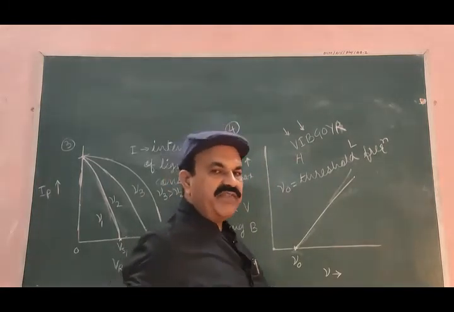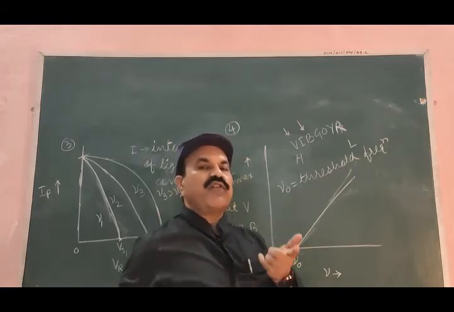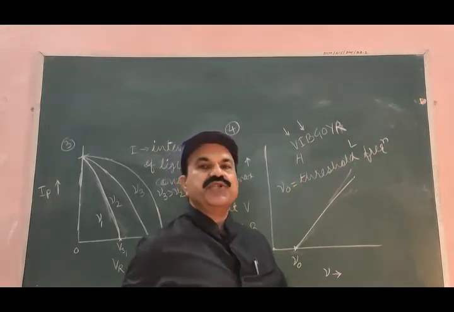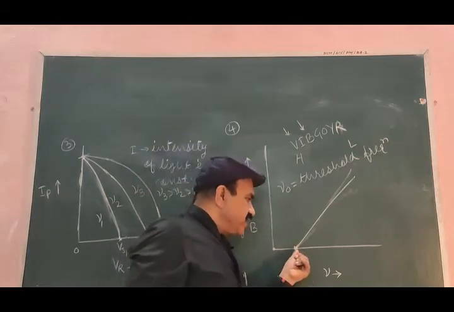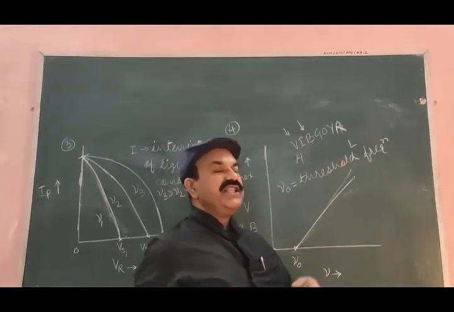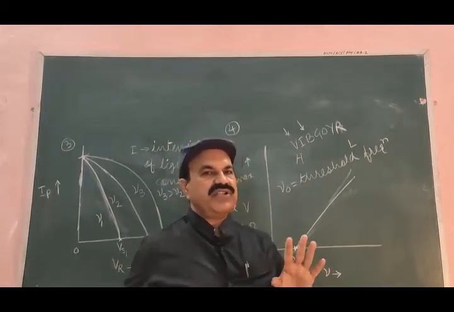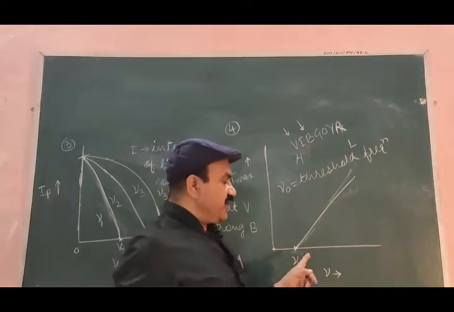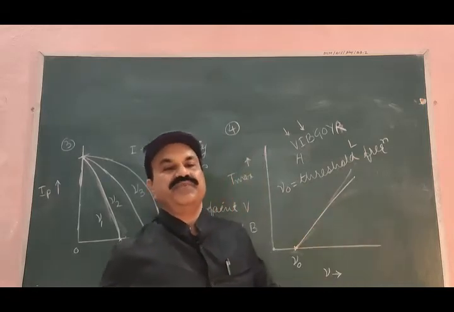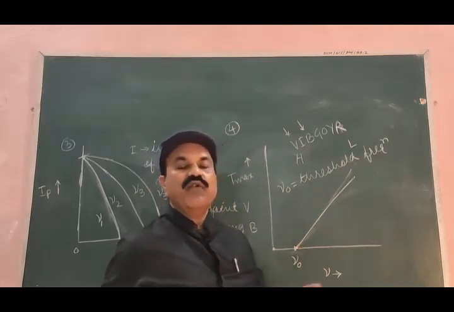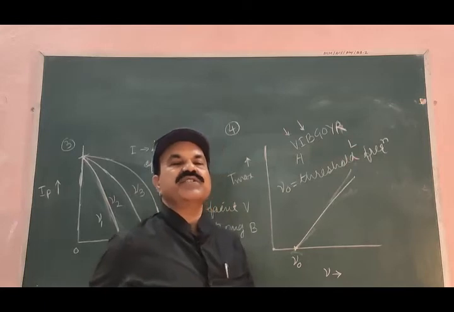The minimum frequency nu 0 needed to start photo emission from a metal surface is known as the threshold frequency. If the frequency of light used is smaller than the threshold frequency, photoelectric emission will not be possible. If you use frequencies equal to nu 0 or greater than nu 0, then only there will be emission of photoelectrons. It will cause the photoelectric effect.